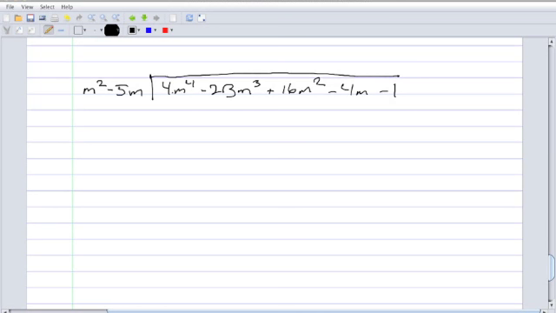So here, 4m to the 4 divided by m squared leaves me with 4m squared. So then 4m squared times m squared is 4m to the 4. 4m squared times a negative 5m is a negative 20m cubed. Okay? Minus with your parentheses.